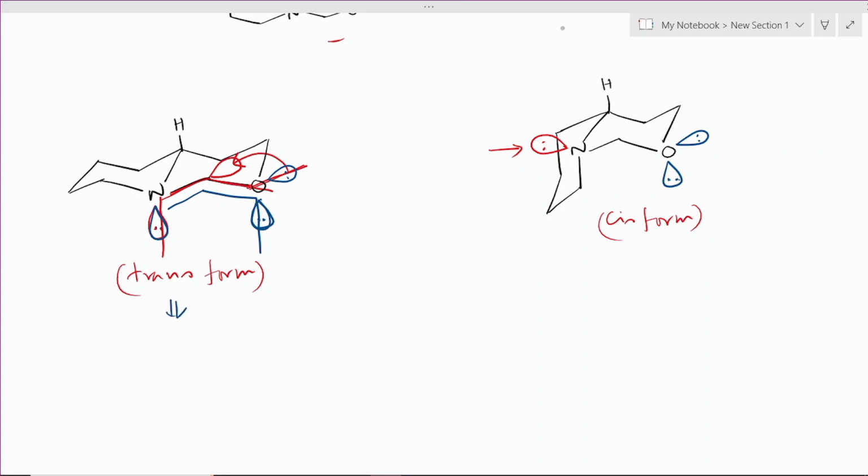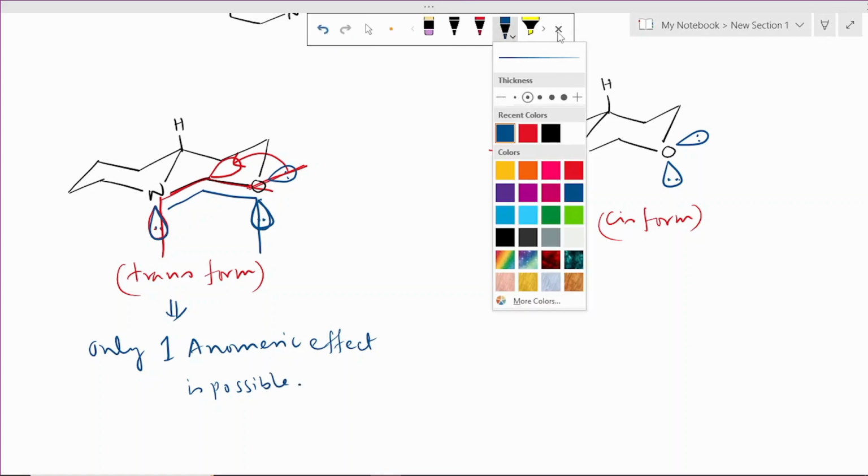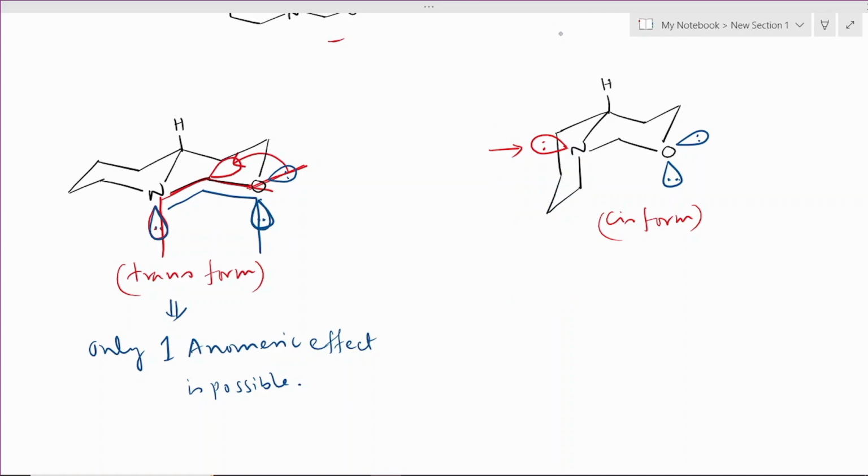So here we can see that in the trans form only one anomeric effect is possible. On the other hand, in the cis form, we can see that here also is an anti-periplanar position. So one anomeric effect is there.